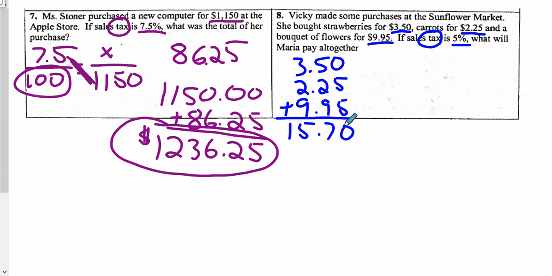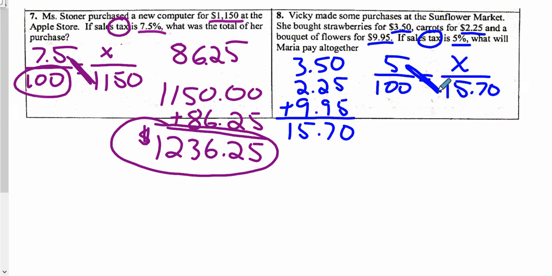So now we have our 5% over 100 equals what our total tax will be over our price of $15.70. So now we're going to cross multiply these, divide by 100, and when we round off our answer, it's basically 79 cents, because it's 785 thousandths, rounded off.